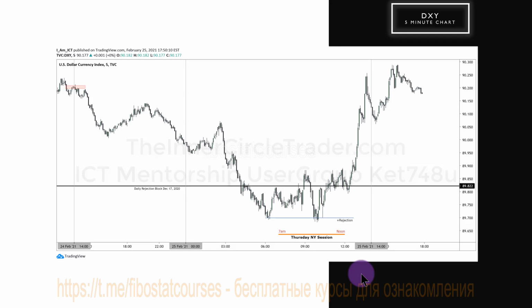I know some of you came in here with your pet pairs and it may be a yen cross or something like that, gold or oil or whatever. Simply trust me, okay? Because everything I'm teaching you with these pairs, if that's your favorite thing to have, like a gold, an oil, and maybe it's pound yen or euro yen, say that's your 3 markets that you like to work with, well, you've really created a reason to have a lot more study than is necessary. And you have to follow along with what I'm teaching too.